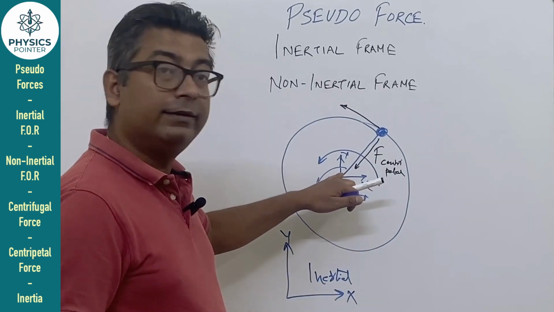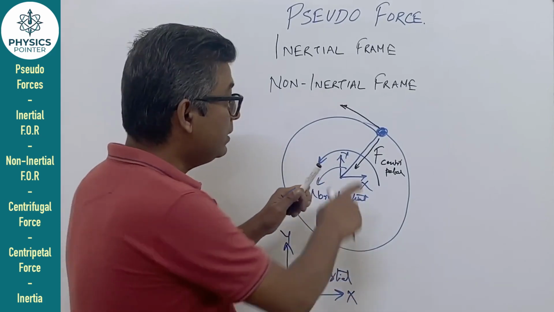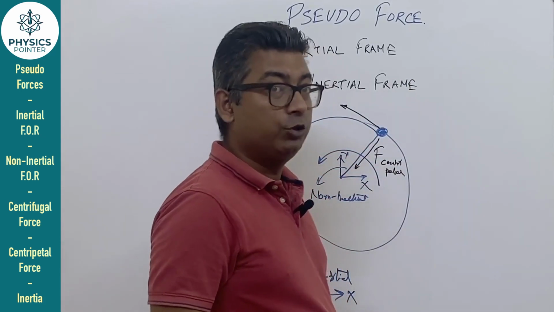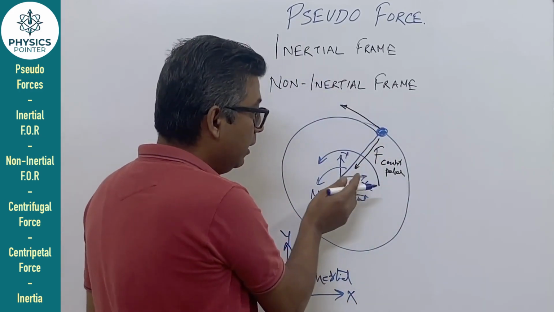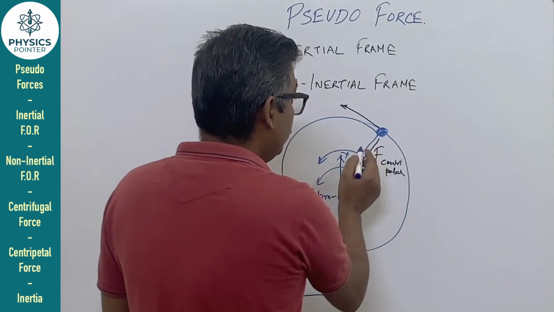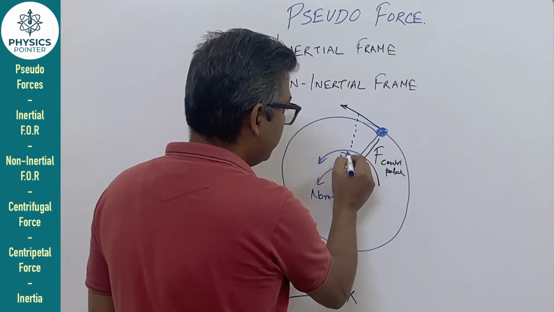If you are sitting at this position, and let's say you cut the thread, you will see that this ball will go radially outward. Actually, it doesn't go radially outward, it really goes tangentially, but you are also rotating with this body. So after some time, you will see this position.